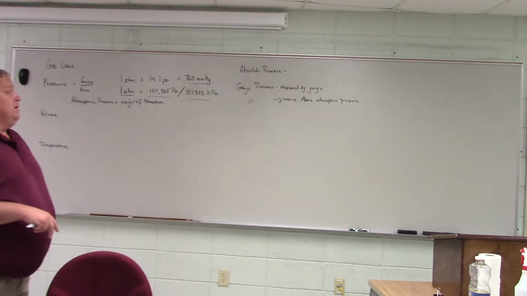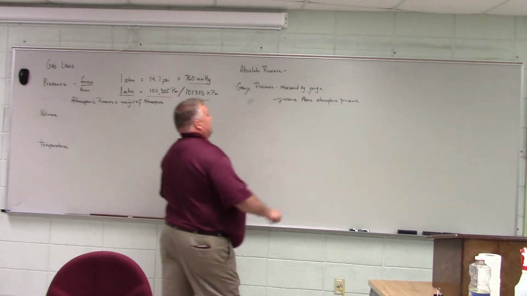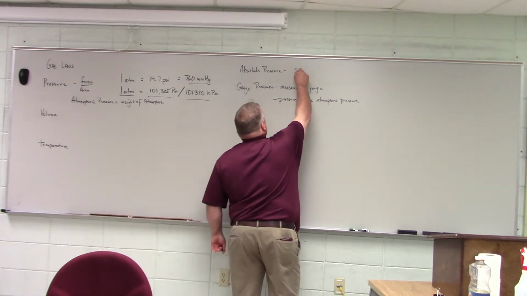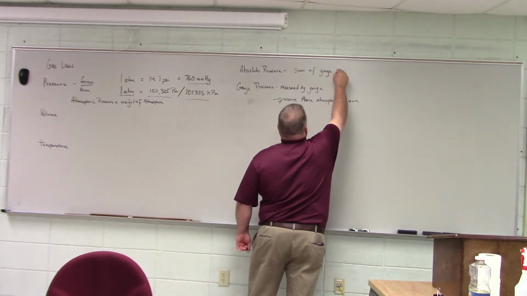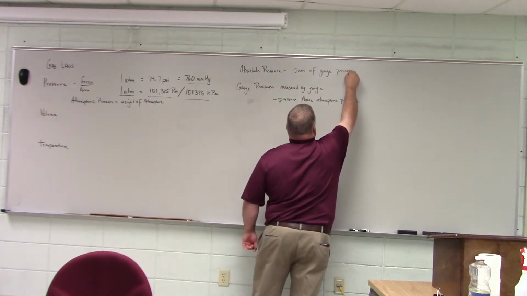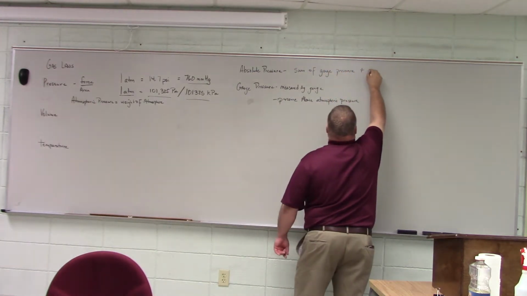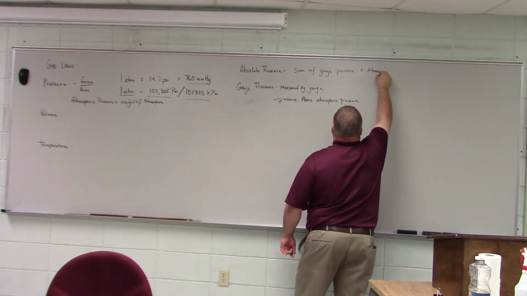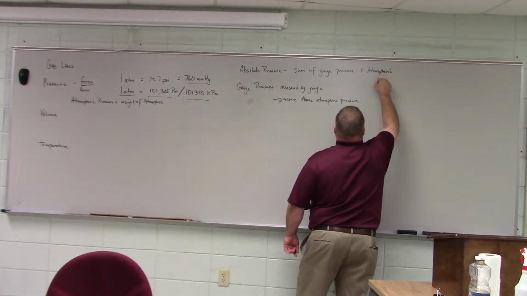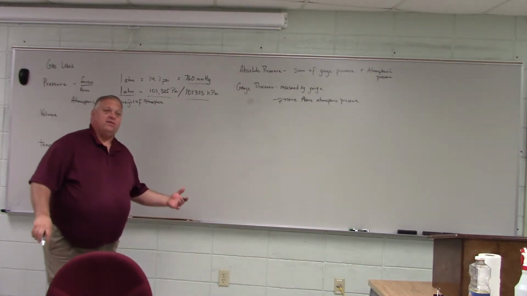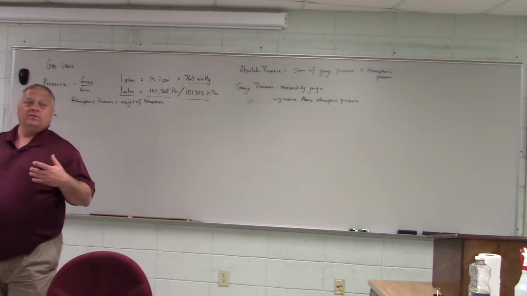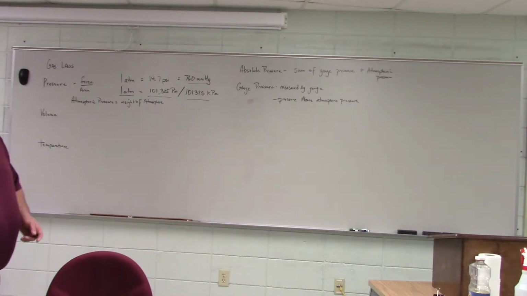Okay? Absolute pressure is the sum of the gauge pressure and the atmospheric pressure. So if your tire's flat, the absolute pressure is atmospheric pressure, 14.7 psi if you're at sea level.